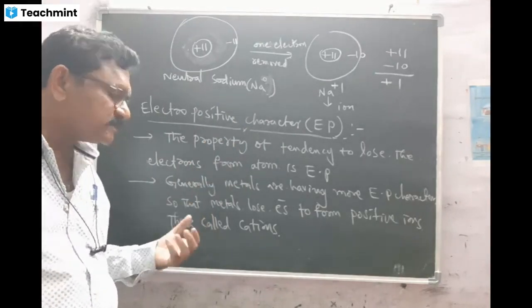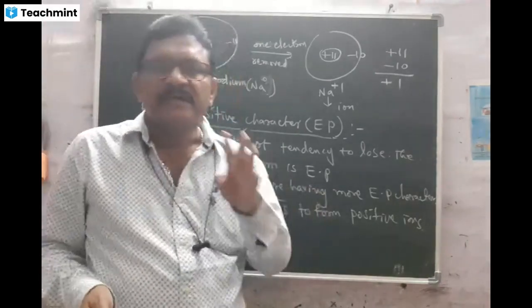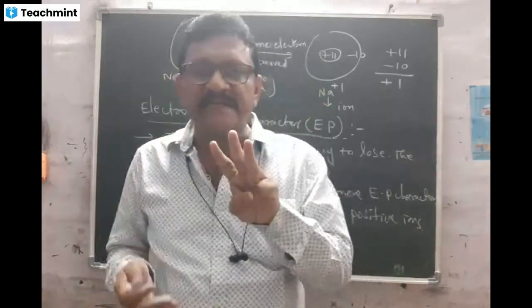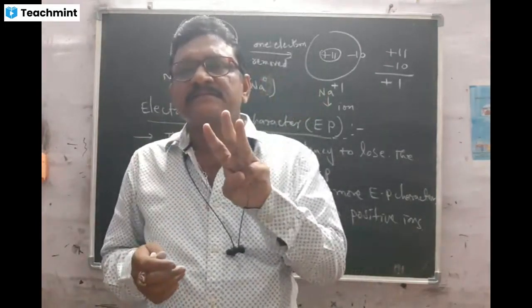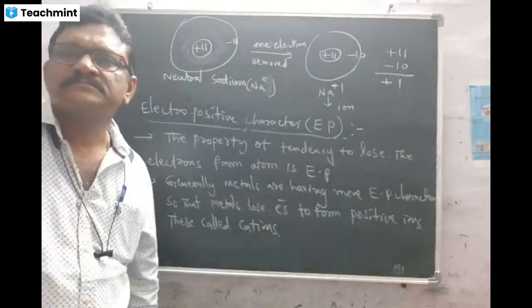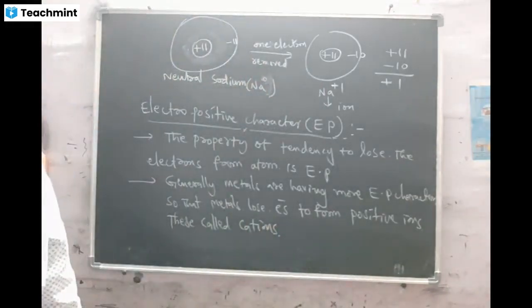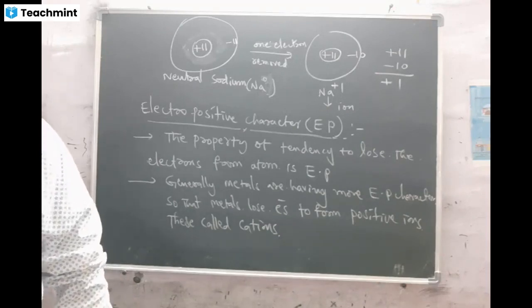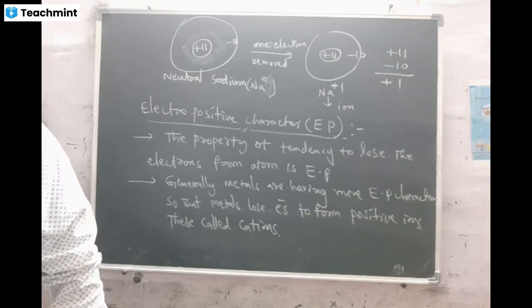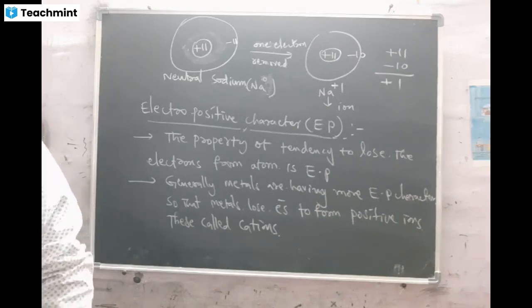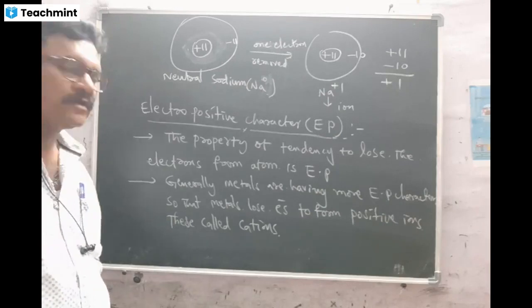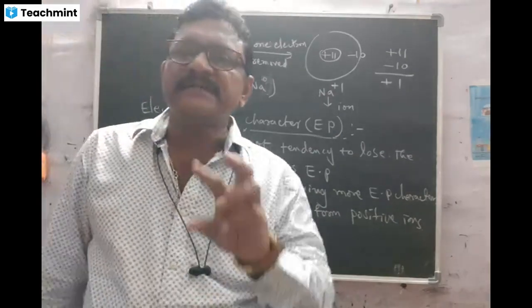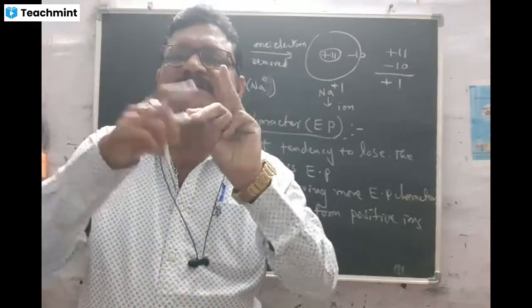In our chemistry, elements are of three types: metals, non-metals, metalloids.